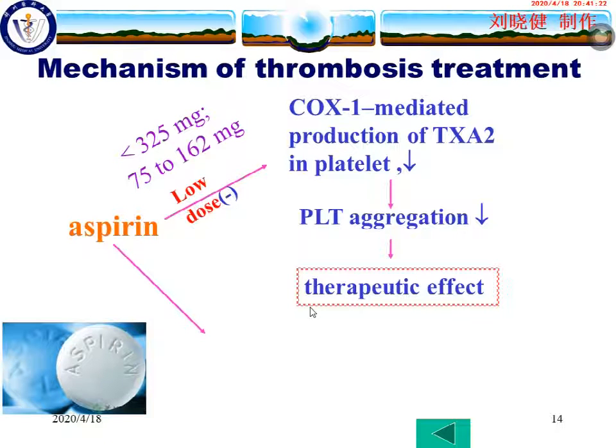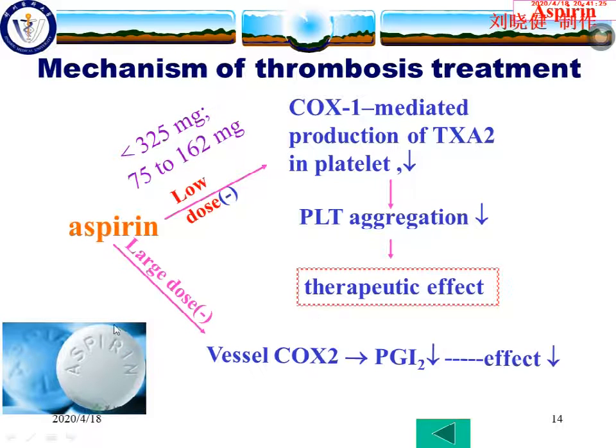It has anti-thrombotic effects. But when this drug is used at a relatively large dose, COX-2 in blood vessel endothelial cells can also be inhibited. Prostaglandin I2 production also decreases. The functions of PGI2 and TXA2 are opposite. So the therapeutic effects will be decreased by a large dose of aspirin.